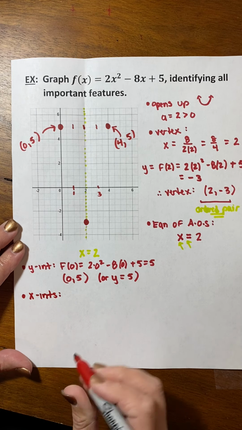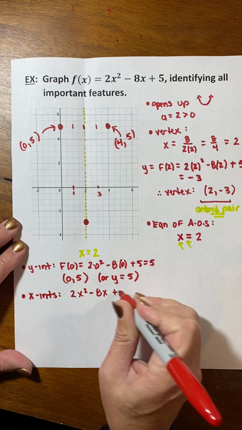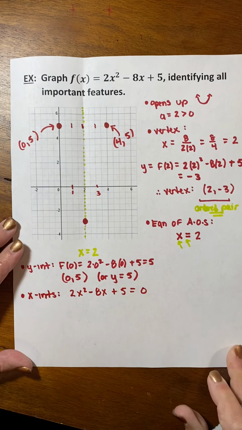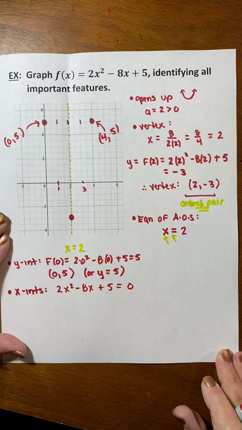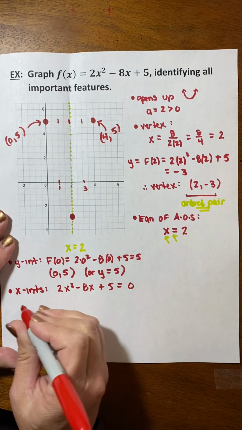Right, so my x-intercepts, well, we have 2x squared minus 8x plus 5 equals 0. And you can do this however you want. If it's factorable, you can factor it. I'll give you a hint right now that this does not factor.